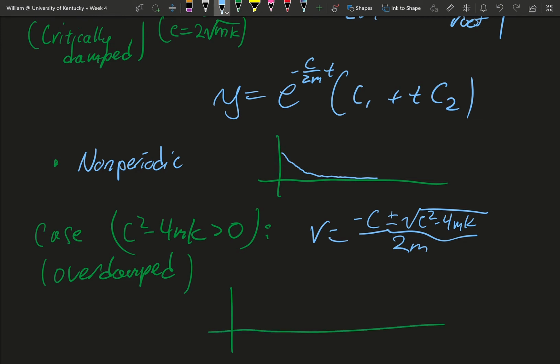And as I mentioned, critically damped will still decay, but overdamped usually decays slower, which is the only issue.